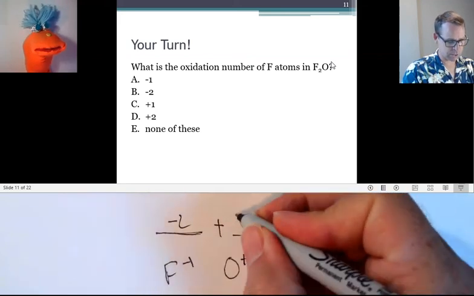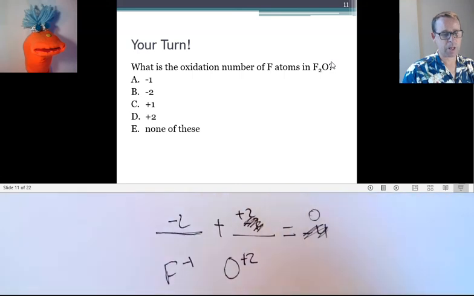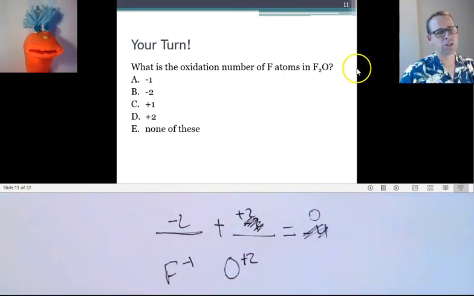That's right, it has to have a +2. So the oxidation number of the fluorines here is -1, because that's one of the rules, but the oxidation number of the oxygen is not -2, it's +2.